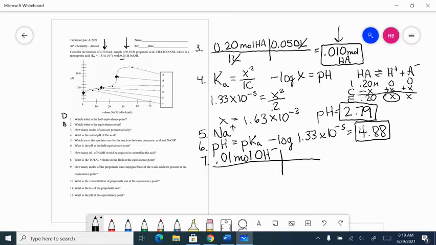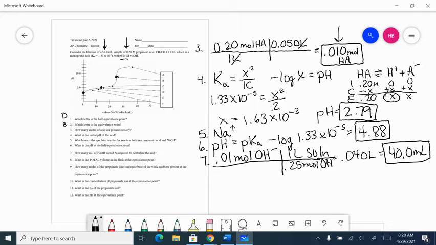I go up and I look and I see that there's 0.25 moles of OH in 1 liter of solution. So the answer for this is going to be 0.040 liters, or 40.0 milliliters.